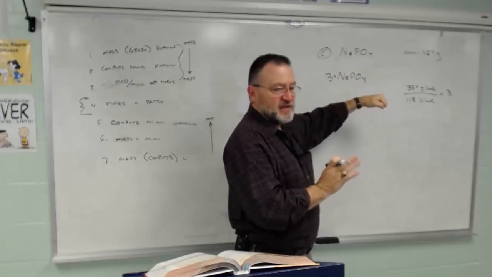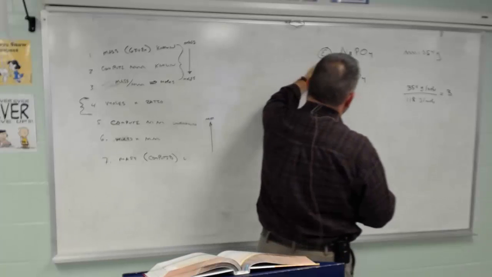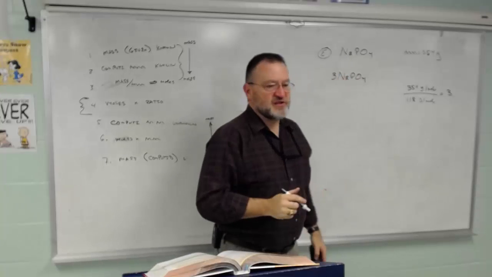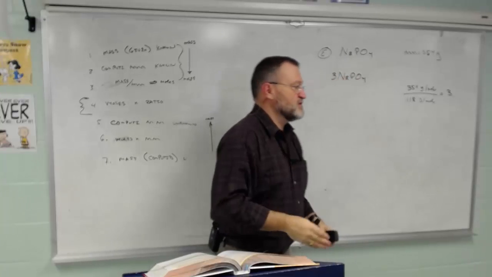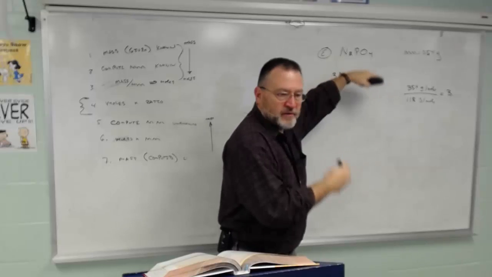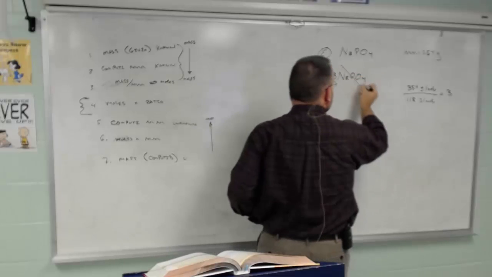How do I get that? I multiply it by 3. But in chemistry, if I just put a 3 in front of it, I've got 3 times as much stuff, but I don't want just simply 3 times as much stuff. It needs to be 3 times as much stuff contained within that one molecule. So I can't do this.